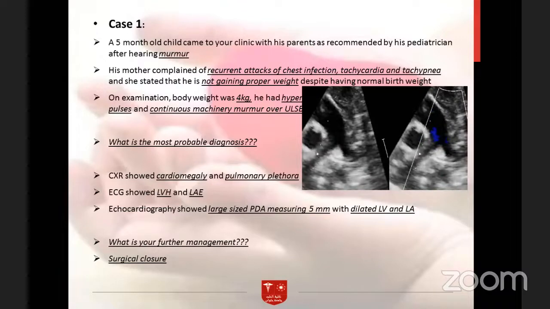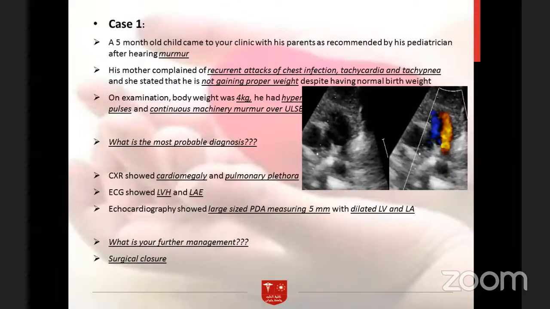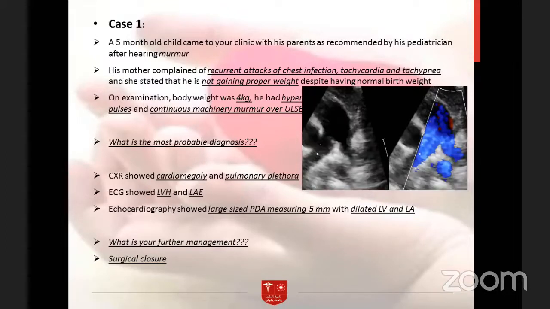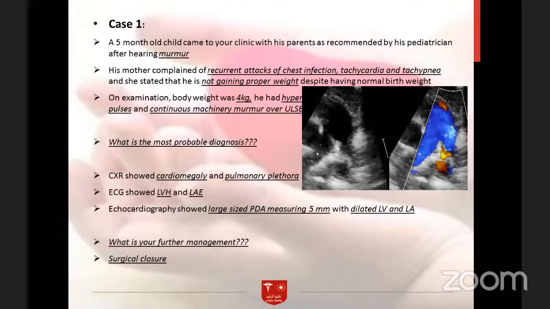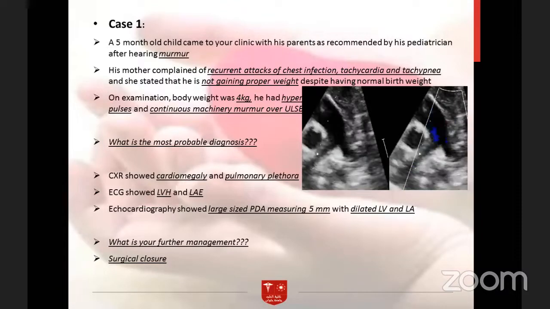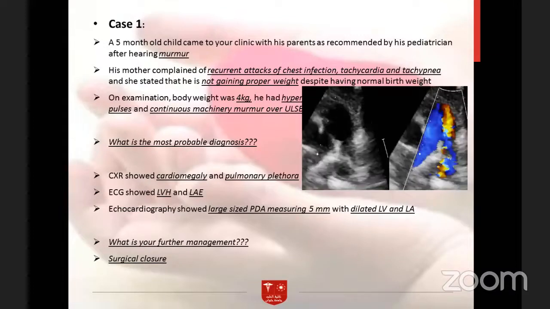The most common complications are recurrent laryngeal nerve injury, recanalization in the ligation technique, and rupture in older patients with calcification of the duct.